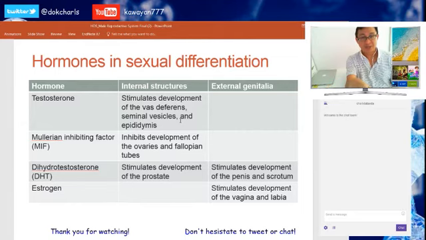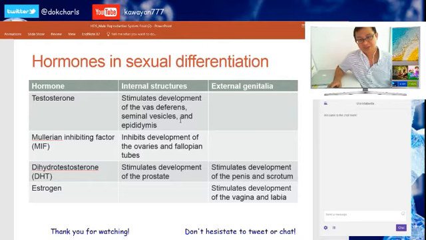You also have your dihydrotestosterone, which stimulates the development of the prostate gland. In terms of your external genitalia, the DHT, the more potent form of your testosterone, through your 5-alpha reductase, also stimulates the development of the penis and the scrotum.